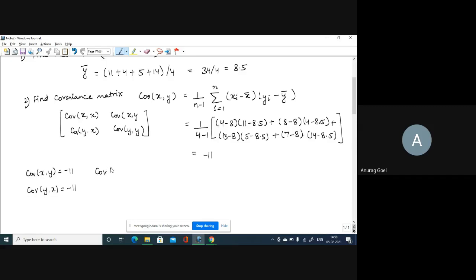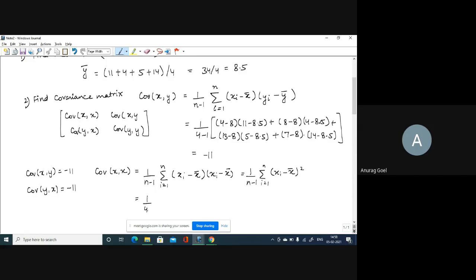Now covariance of x comma x would be 1 by n minus 1, summation of i equal to 1 to n, xi minus x bar into xi minus x bar. You can write it as xi minus x bar square.